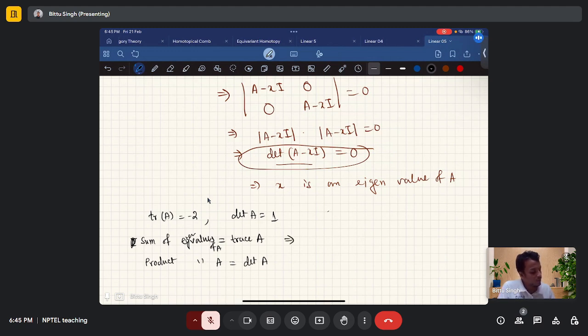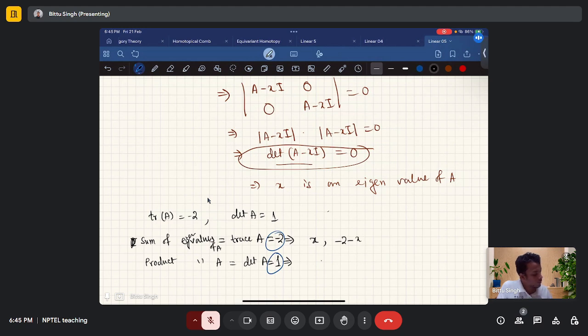Then from the first thing, the trace of A is -2, so the sum is -2. So if x is an eigenvalue, then the other eigenvalue is -2 minus x. Right? And similarly, their product should be the determinant, which is given as 1 in this case.